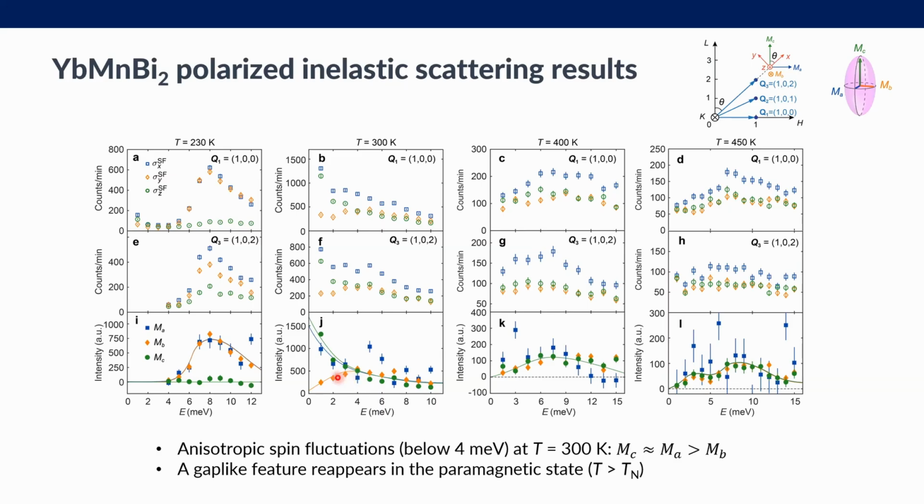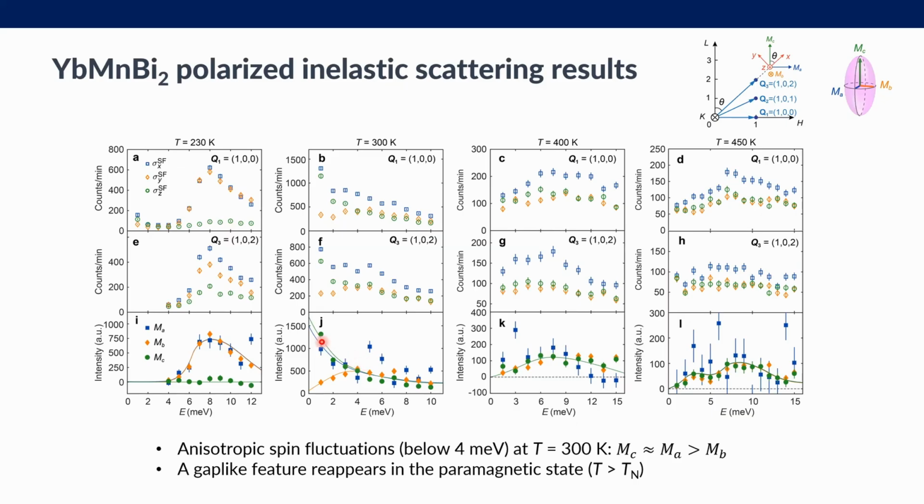At this low energy range, the spin fluctuations along the a-axis are much stronger than the fluctuations along the b-axis. And on further warming up to 400 and 450 Kelvin, the spin fluctuations become isotropic again, even though there is some sort of spin gap-like feature reopening.